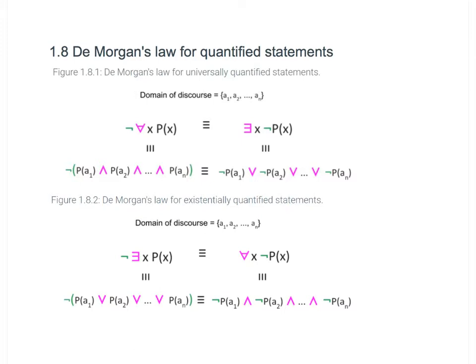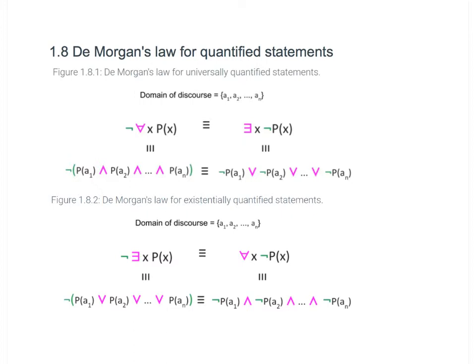Now, if you remember, we said the disjunction of a number of elements can be replaced by an existential statement. So it would be an existentially quantified statement with the bound variable x, and then you can simply replace a1, a2, all the way to an by x. So you can say this whole disjunction is an existential statement: there exists an x such that not P(x).